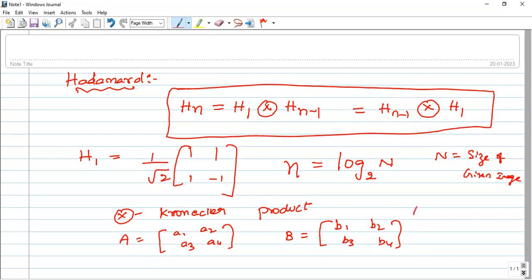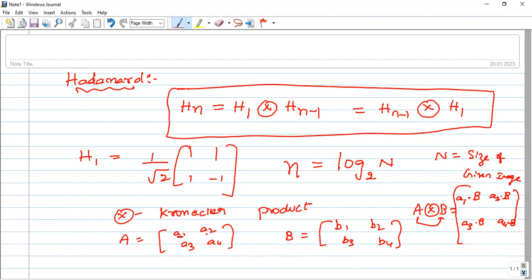A Kronecker product B means each element of A is multiplied with the complete B. That means A1 into complete B, A2 into complete B, A3 into complete B, A4 into complete B.